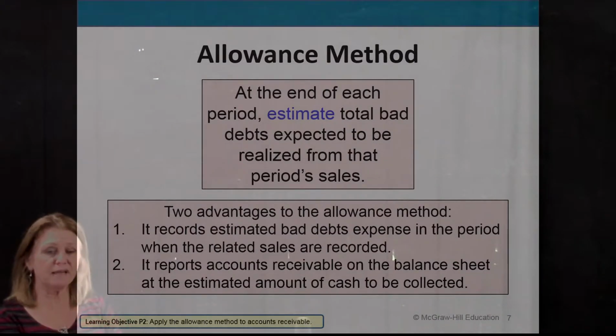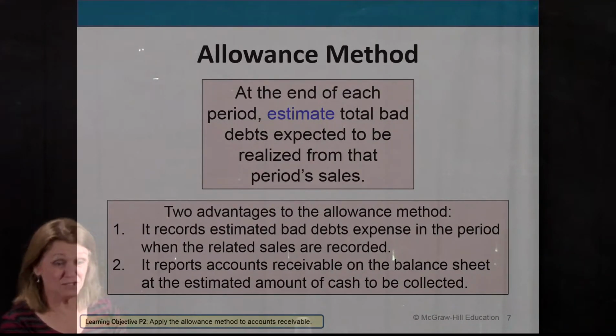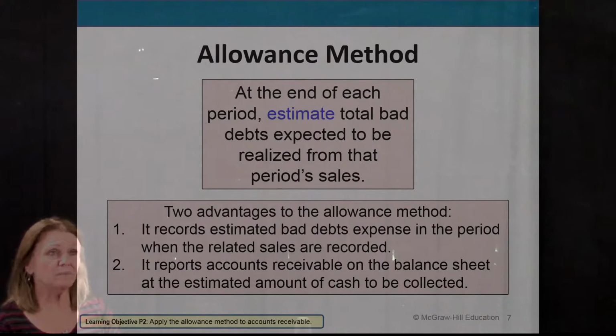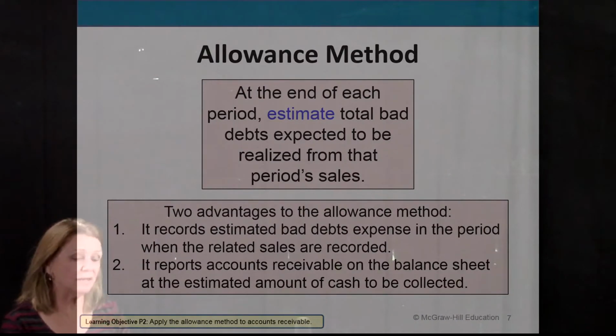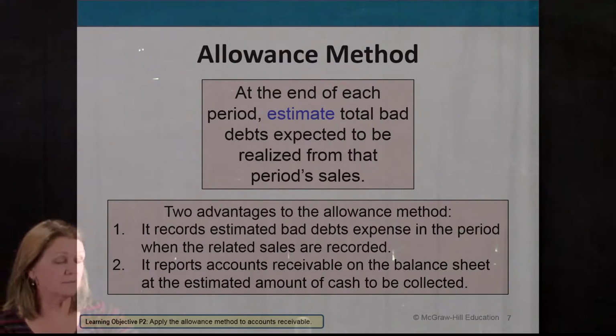I already talked about the fact that if we have $1 million out in debt to other people, and 50,000 of it we aren't going to receive, then our balance sheet is off by $50,000, and our expenses are off as well. So we have to make our best faith effort to make sure that the assets and liabilities on our balance sheet are correct, and our income and expenses on our income statement are correct.